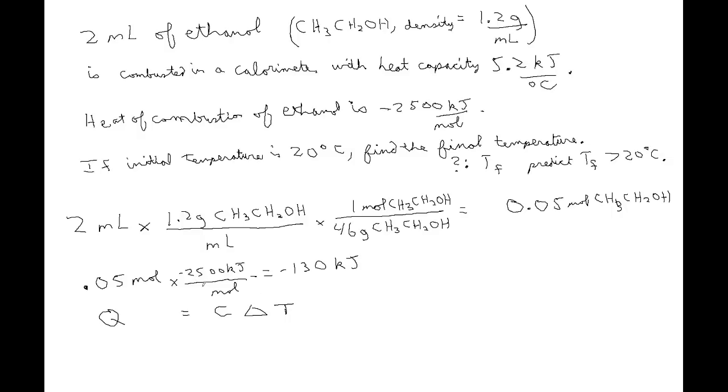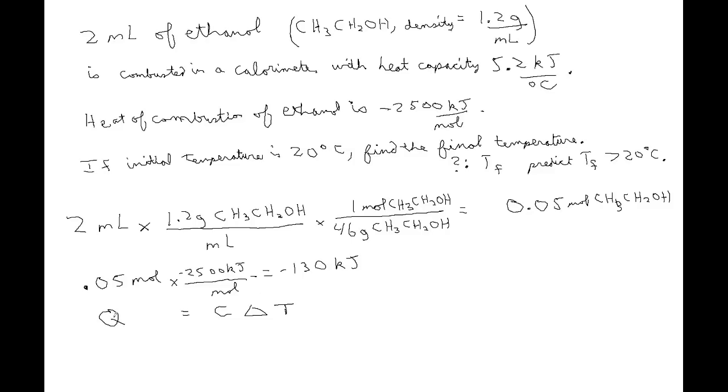So let's go through this together a little bit. First of all, you need to write the general equation, like this, right? Is this the equation you wrote down? Yeah, but I said negative 130 is equal to 5.2 times TF minus 20. So this is the Q of what?